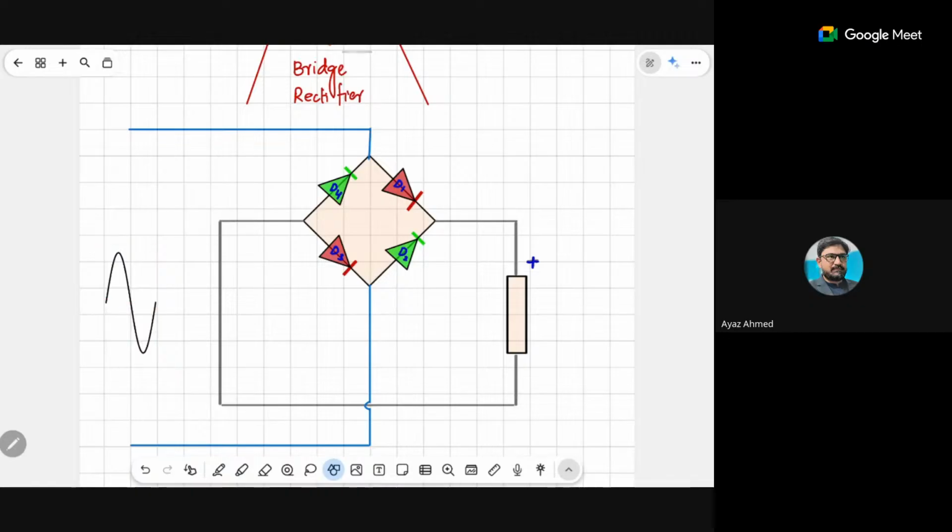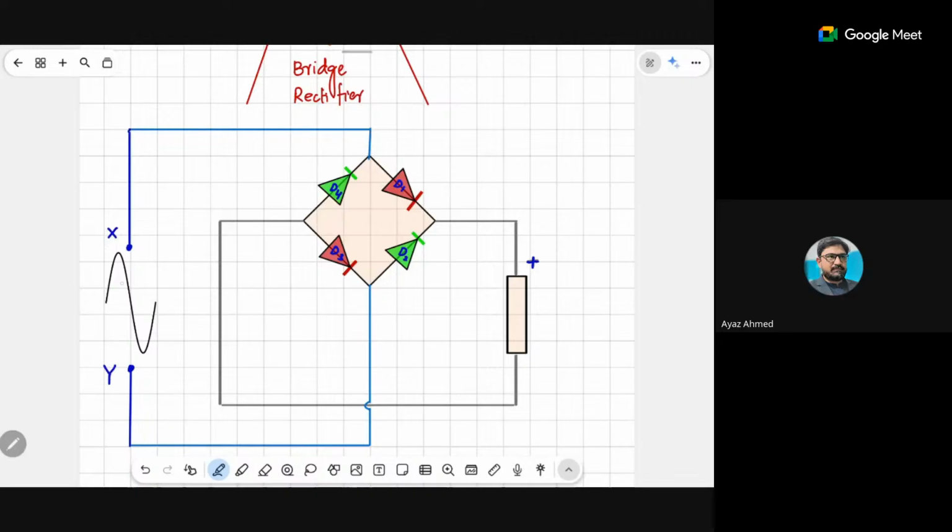One terminal is positive and the other terminal is negative. So I will connect these two terminals here. This is the power supply. This is end X of the power supply. This is end Y of the power supply.